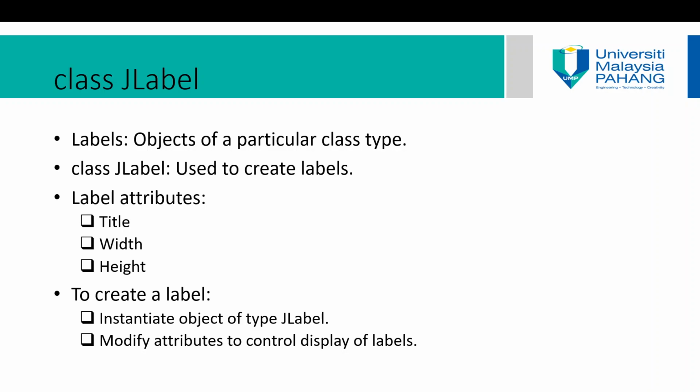So take a look at label. A label also is a class, and the class is the JLabel class. This JLabel class is used to create labels, and it has its own data members such as title, width, or height. To create a label, we need to create an object of the label using the new operator, and we can use the methods of the JLabel class to modify or update the labels.